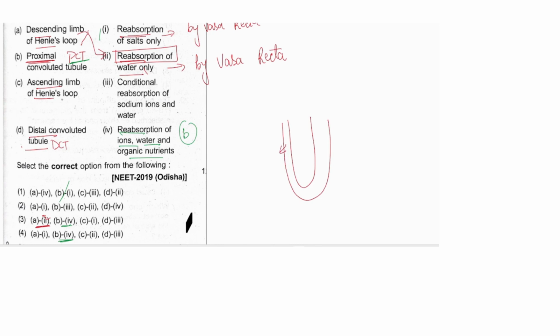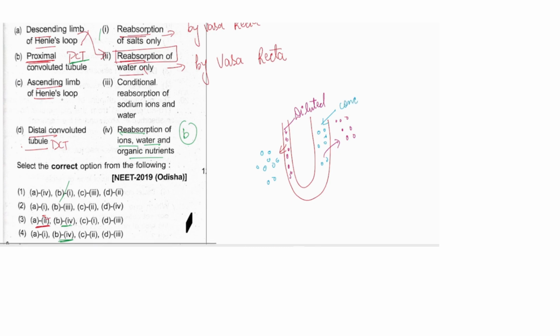From the descending limb, water was coming out, so the concentration of ions was very high in this loop of Henle, so we can say this is the diluted loop of Henle. But from the ascending loop of Henle, ions were coming outside and the water concentration will be more in the ascending loop of Henle. So based on that we will call this a concentrated.